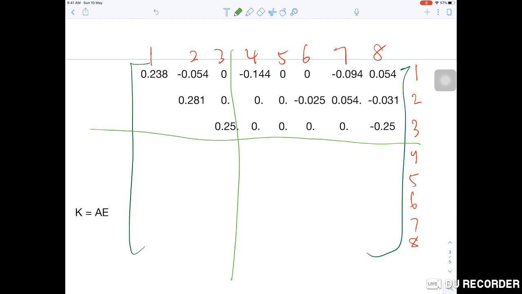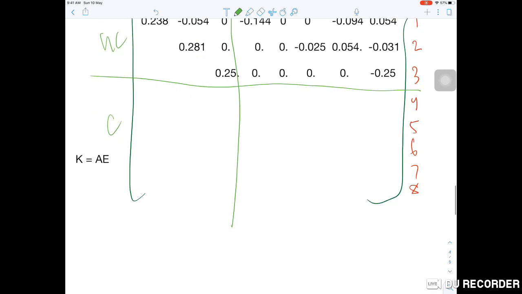The boundary means this part is unconstrained, so the rest is constrained. Why focus on unconstrained? Because for the unconstrained system there are unknown displacements, and having all the stiffness matrix values corresponding to the unconstrained degrees of freedom, I should be able to solve for the displacement.